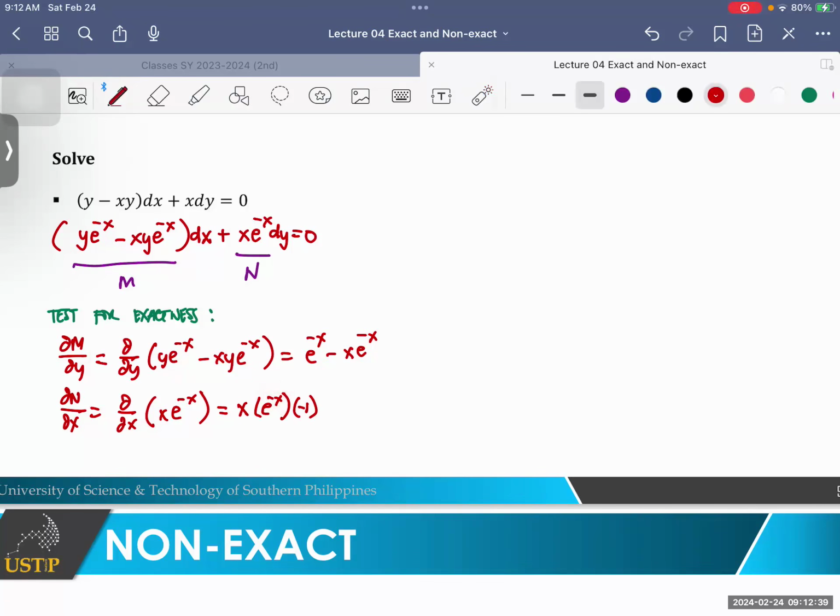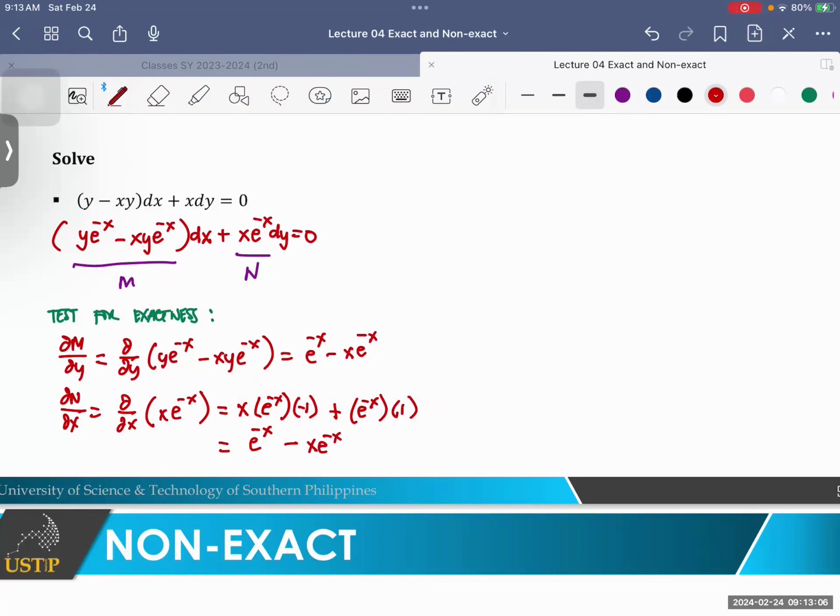Okay? Plus, copy na ninyo e to the negative x, i-differentiate na ninyo karon ang x, that will become 1. Okay? So, if we rearrange that one, that is e to the negative x minus x e to the negative x.